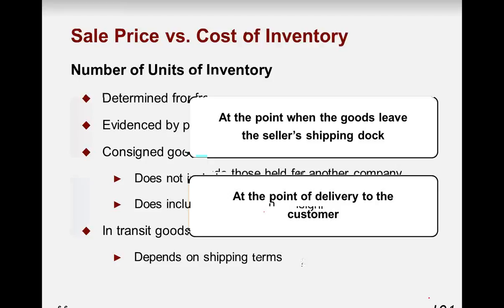So when I'm using a perpetual system, which we see in almost every business in today's world, they have a barcode reader and you scan the code and that records the sale. It updates your inventory records. We need to record two separate entries when we're using a perpetual inventory system and we sell some inventory.